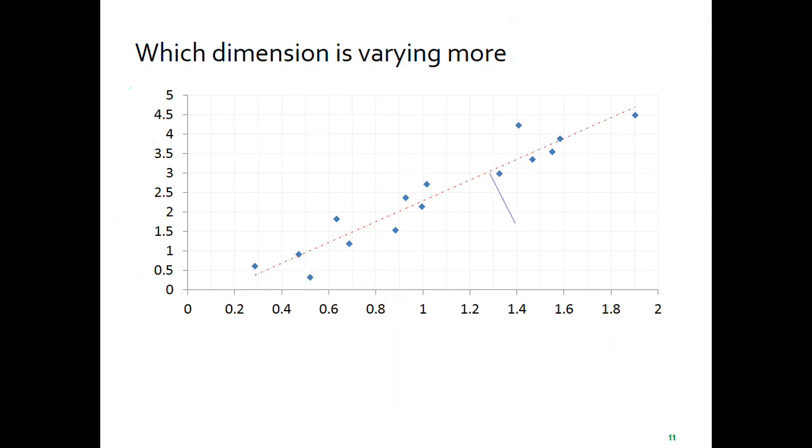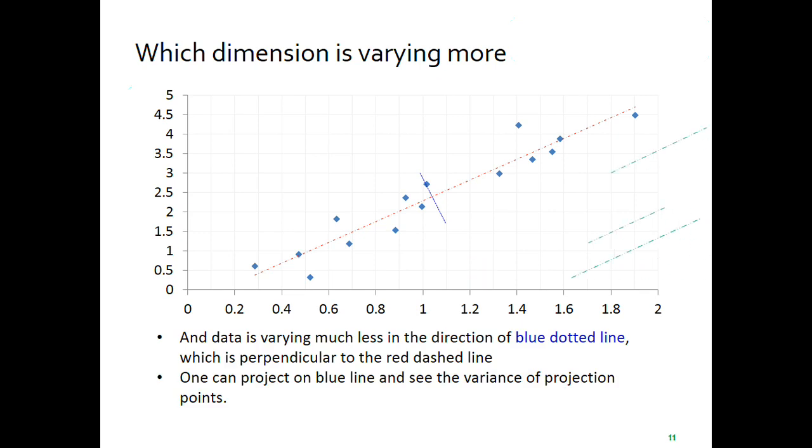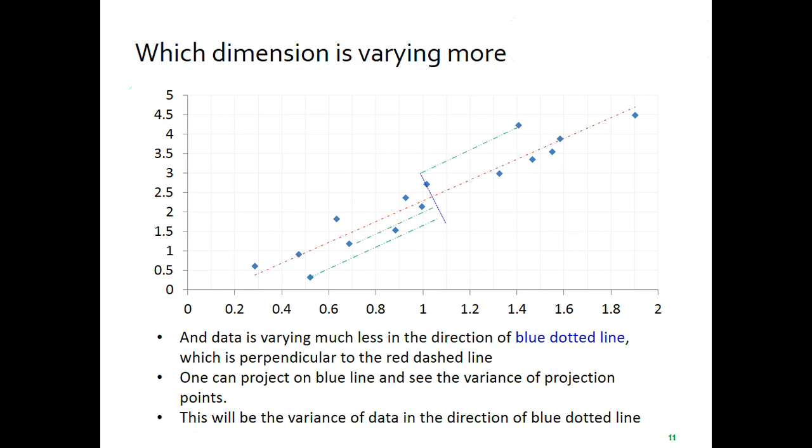Similarly, you can make a blue dotted line which is perpendicular to this red dashed line, and again from all data points you can put projections on this blue dotted line, and you can see how much the projection points are varying in this dimension. And obviously you can see that in blue dotted dimension the variance is much less than the variance in the red dashed line. So the variance is much more in the direction of red dashed line than blue dotted line.